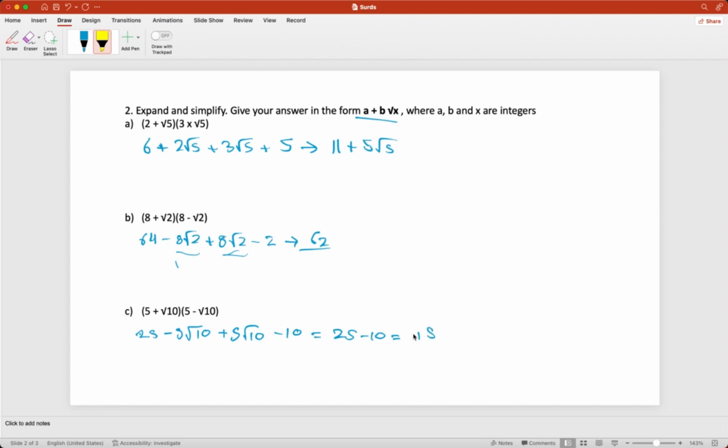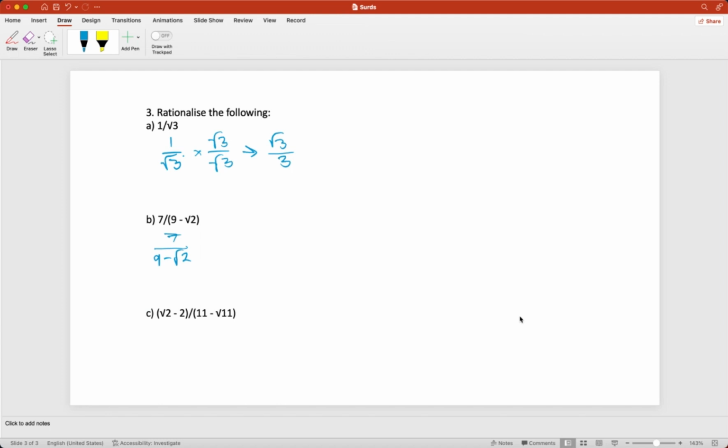Okay, so if you do the exact same thing, here, the surds will cancel out. Okay, because rationalization, basically what it is, is simplifying and removing the surds from the denominator. Okay, so if I just show you, you'll probably understand. So you times this fraction by 9 plus square root 2 over 9 plus square root 2.